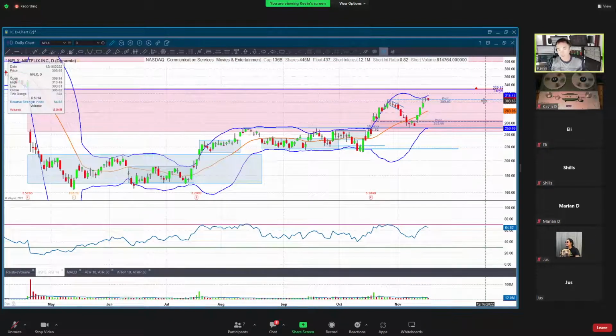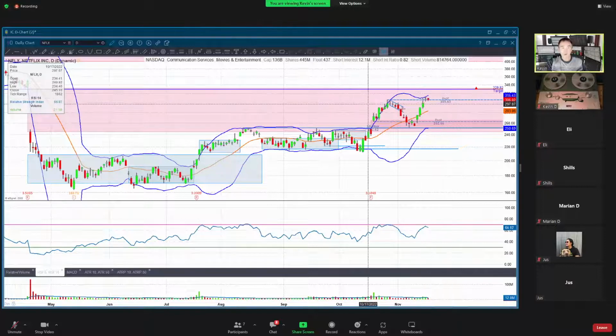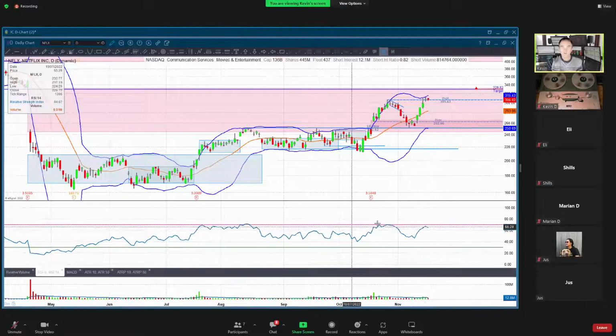So that's another plus. Let's say Netflix did gap up, maybe tomorrow, maybe the day after, got outside the band up in here, and we ask, what is RSI doing? Well, RSI will turn up a little bit from there, but not much. Let's take a look back. We had some nice price action outside the bands right over here. And look at that, RSI was higher back over here than RSI is now, and probably this will be a little bit higher than RSI will be when this gaps up.